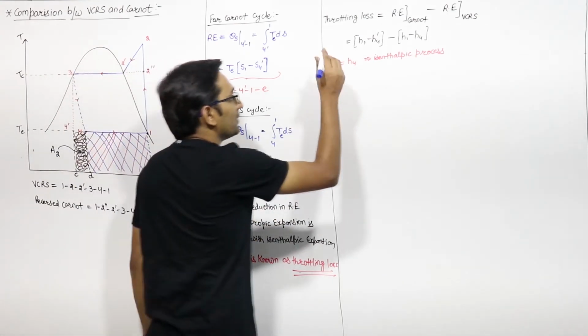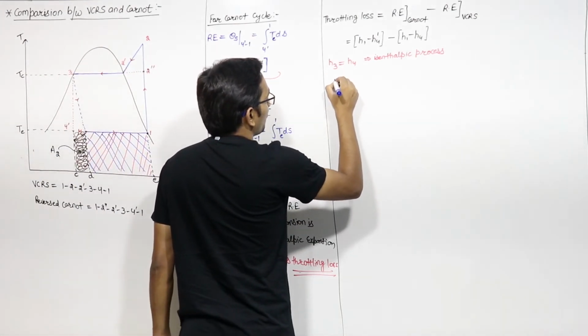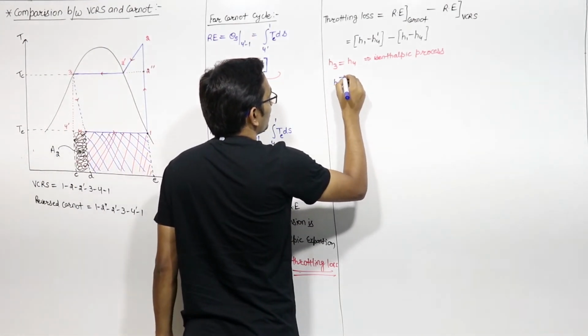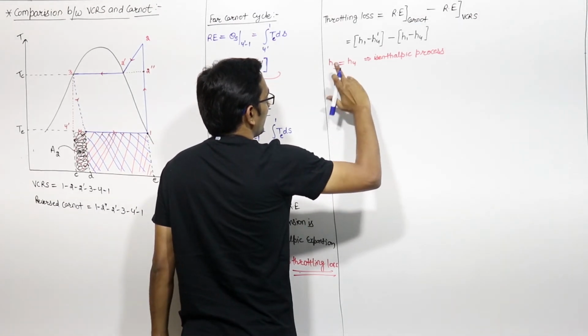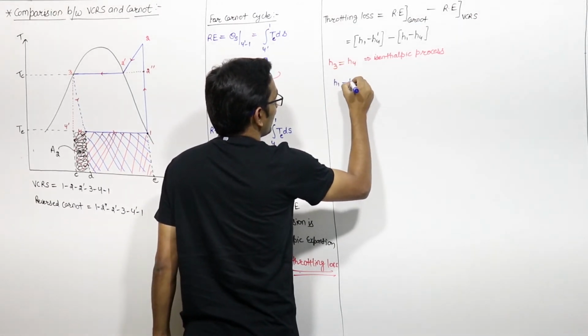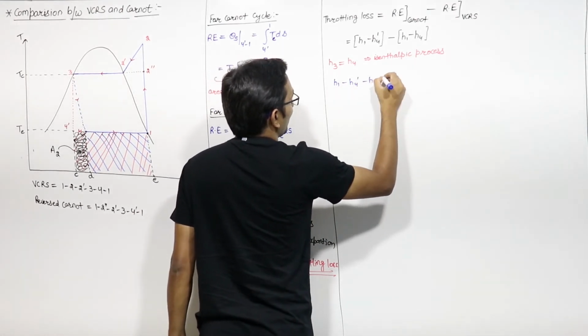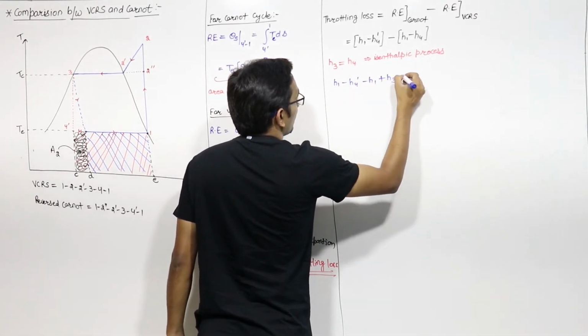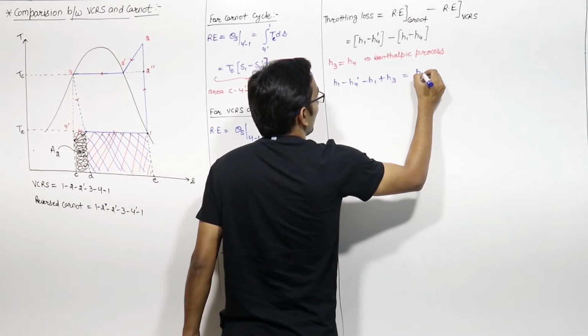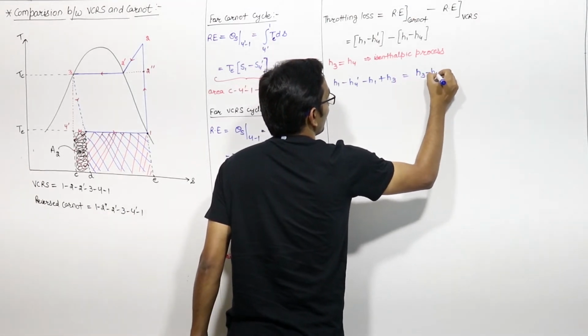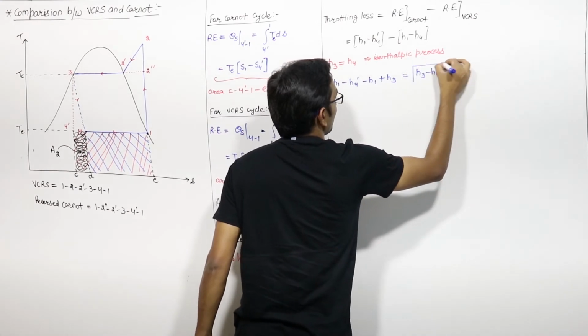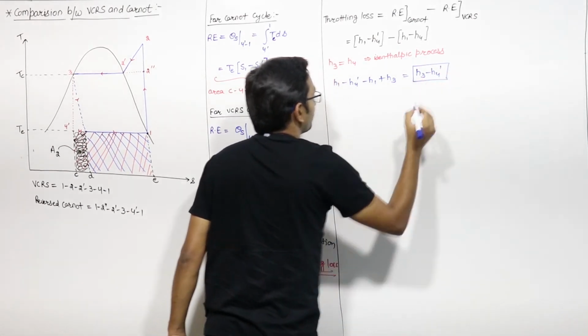So from here the throttling loss can be written as (H1 minus H4) minus (H1 minus H4 dash), which will be equal to H3 minus H4 dash. This is the throttling loss.